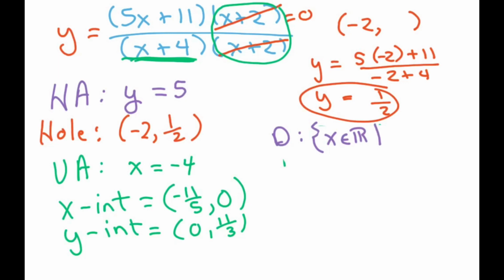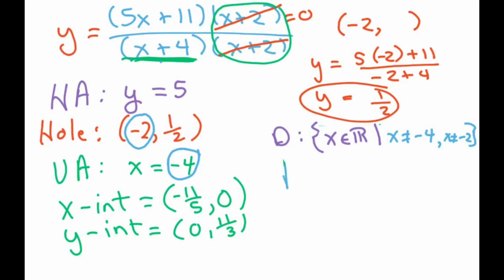However, or such that, what can we not have in x? So we can't have a -4, because if you divide by -4, so x cannot be -4. Also, we have a hole on my x at -2, so x cannot be -2.